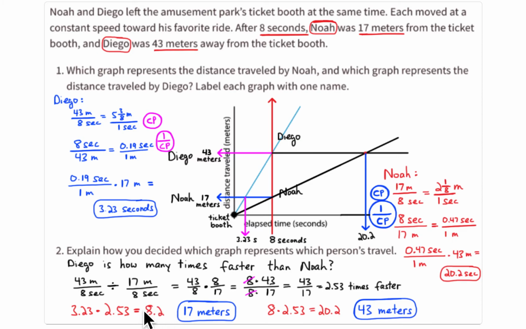This is more time to move that same number of meters, 17 meters. Oh, I'm mixing this up, sorry. I'm going to take Diego's time for 43 meters right here and multiply that by 2 and 53 hundredths to get Noah's time for that same 43 meters out here.